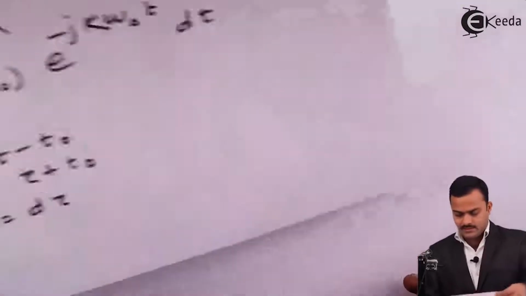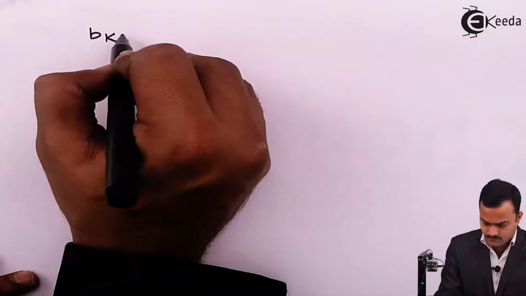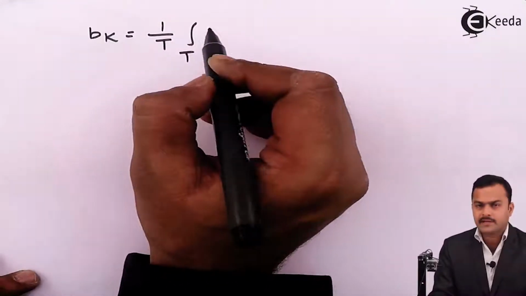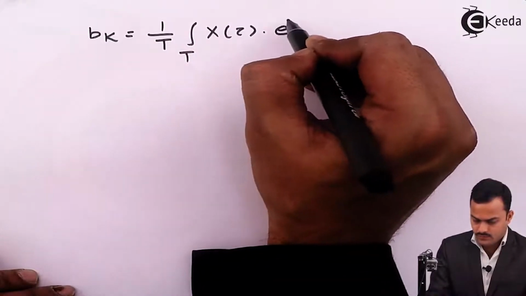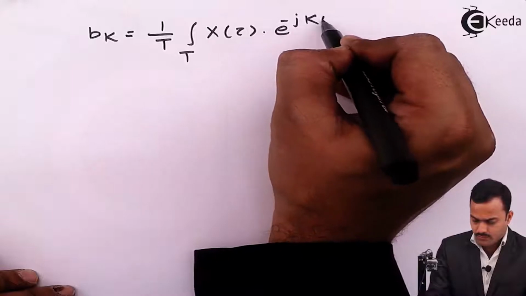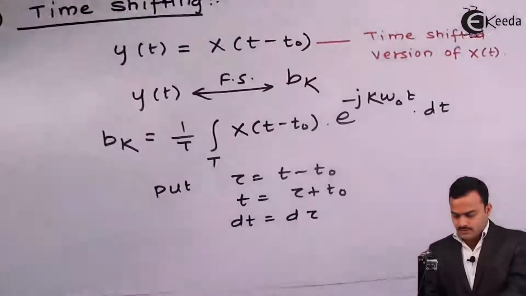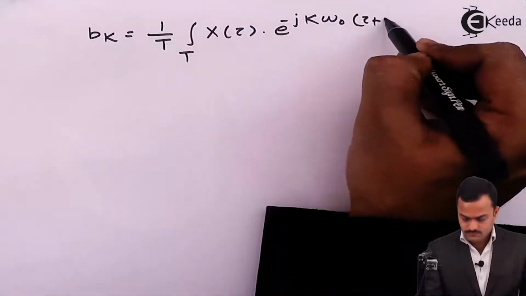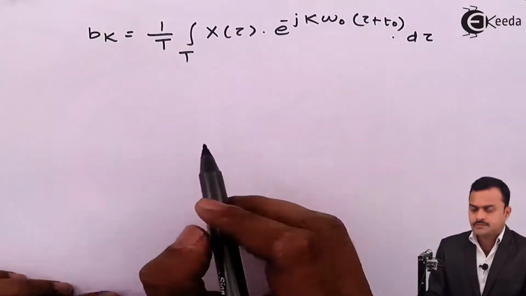So what I can say, bk will be 1 by T integral over the capital T, x of tau e raised to minus jk omega 0, t will get replaced by tau plus t0, into d tau.